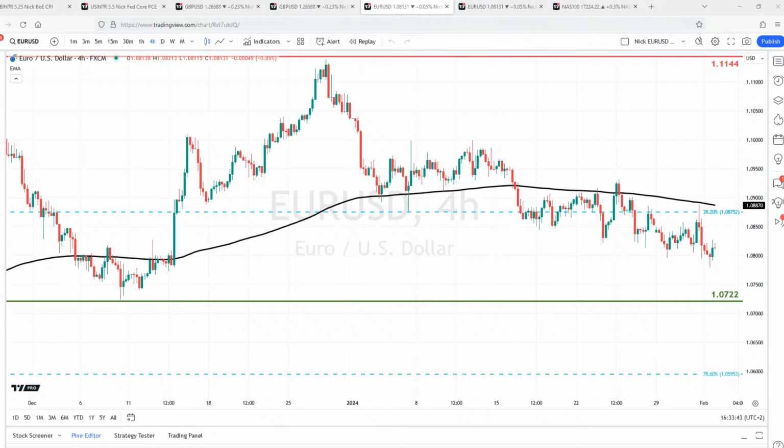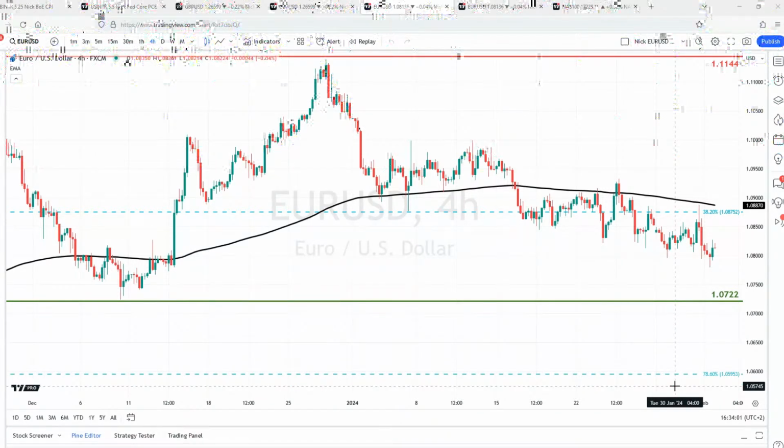Immediate bias is on the downside, and Euro USD is at risk of breaching the December lows, which are located at 1.072. But we are cautious around further losses that could tackle 1.106 around that level.